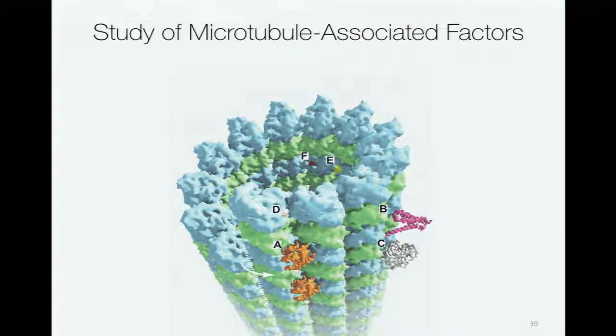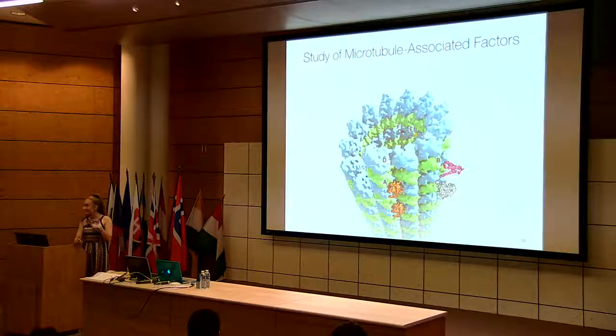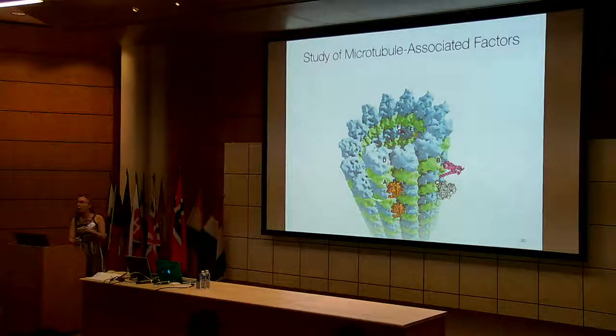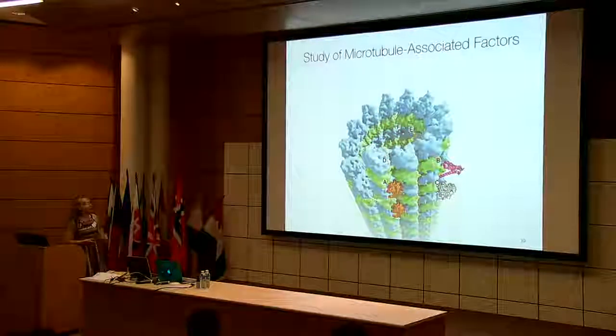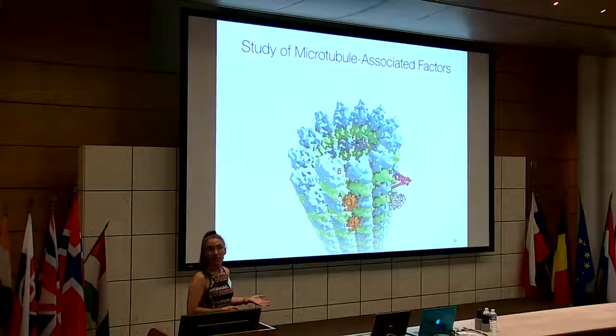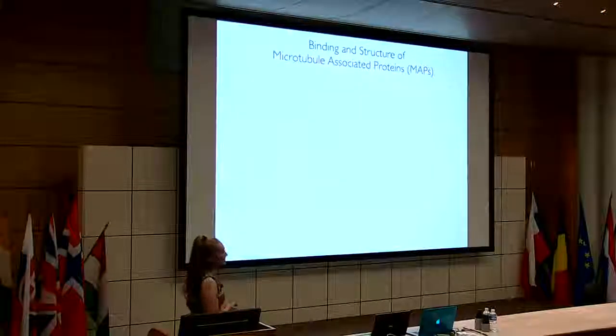In some cases, like kinesin, they're using it as a railroad track to move things, or to be positioned in the cell. Many are acting on microtubule dynamics, affecting the dynamics, or organizing the microtubule cytoskeleton. So now we can use this pipeline to study all of those. And I'm just going to show you a number of examples.